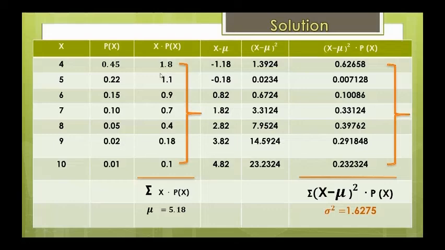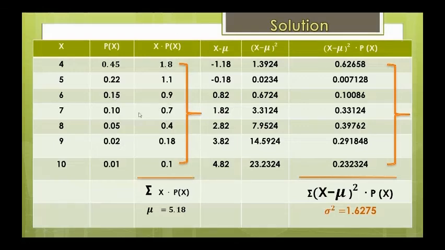Multiply lang natin yung entries from the first column by the entries from the second column. For example, 4 times 0.45, kaya nagkaroon tayo ng 1.8. 5 times 0.22, so we have 1.1. 6 times 0.15, we have 0.9, and so on and so forth.